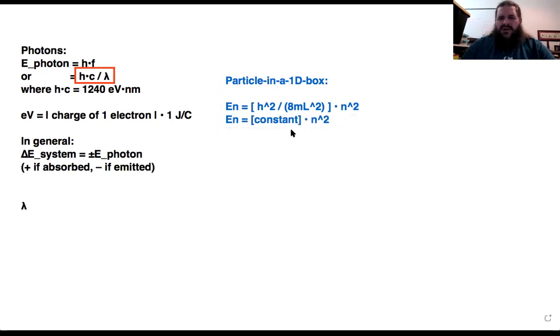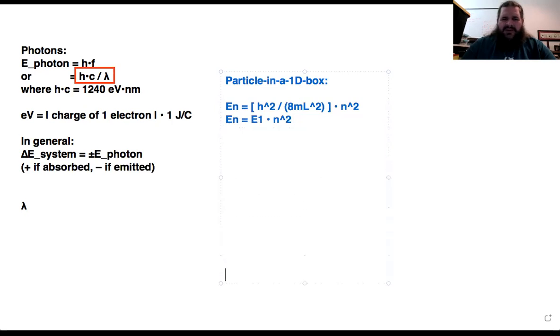And of course, that constant is going to depend on the mass of the particle and the length of the box. But the energy levels are just some constant value, specifically the energy in the n equals 1 state. Because if you plug in n equals 1, you just get that constant. So all of the energy values are something squared times that basic energy value.